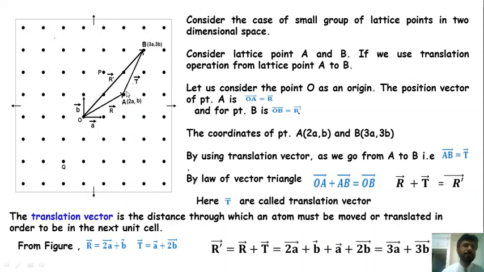Now, from this figure we can write vector R is equal to 2A plus B, and vector T is equal to vector A plus 2B. That means here this is vector A along the x-axis and this is 2B along the y-axis. If we substitute these values in this equation, we get vector R dash is equal to 3A plus 3B.